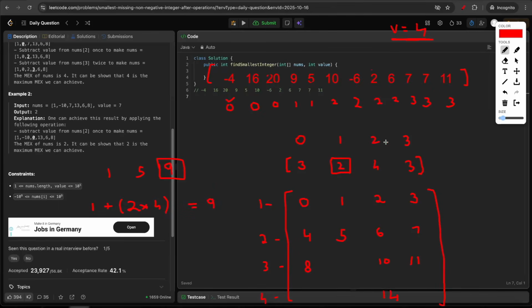So by looking at this array, first you find the minimum frequency, and also you find the corresponding number that is leading to the minimum frequency, and you just do the number plus the frequency into value, and this will give you the minimum non-negative integer that is missing from this array.